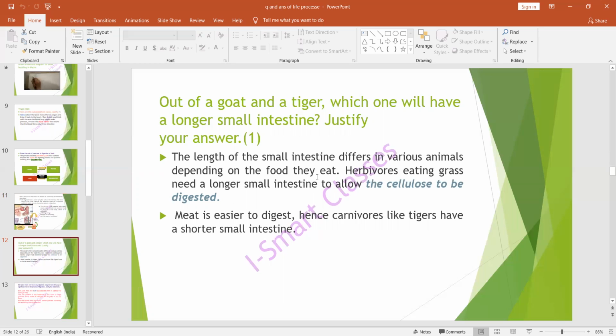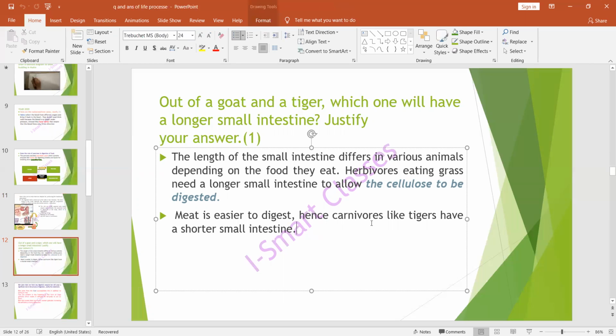For example, herbivorous animals like cow, goat, etc. eat grasses. They need a longer small intestine to allow the cellulose to get digested. Meat is easier to digest, hence carnivores like tigers have a shorter small intestine.